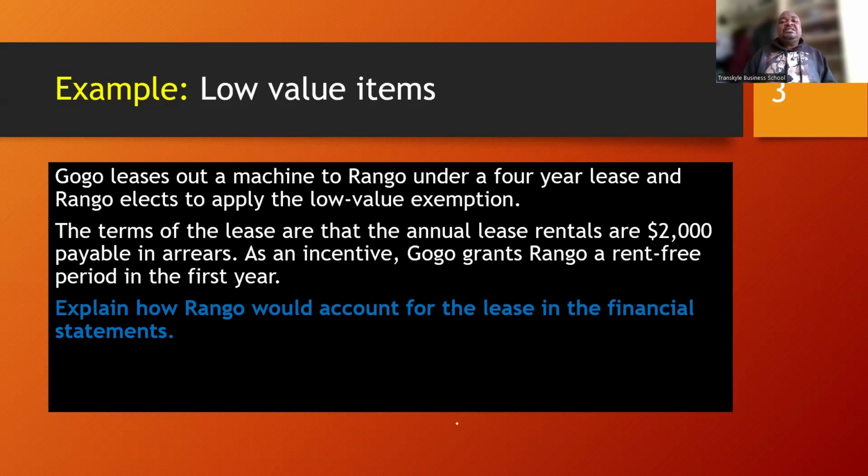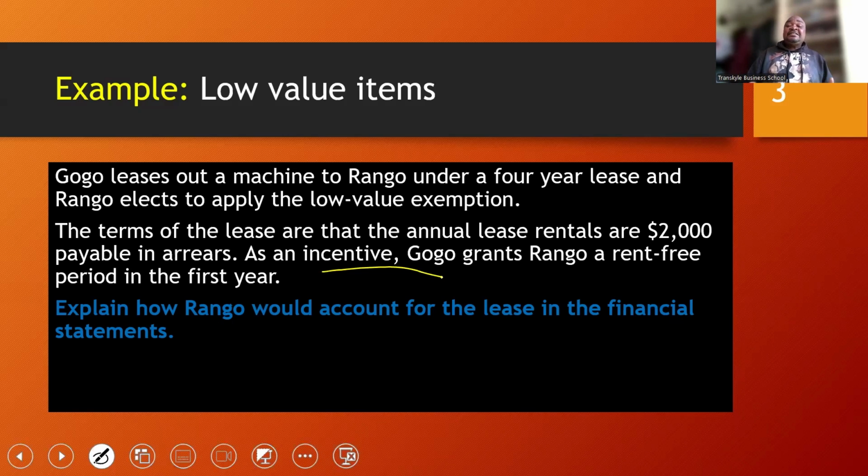The terms of the lease are that the annual lease rentals are $2,000 payable in arrears. So we are going to pay these rentals for a year at the year end, isn't it? At the year end. However, there is an incentive from Google. She says Ranco must pay no rent after year one.